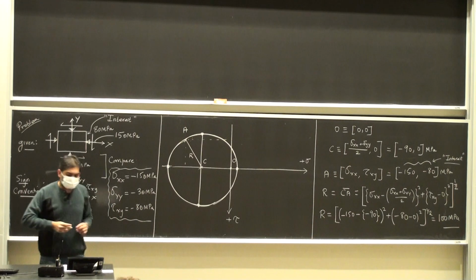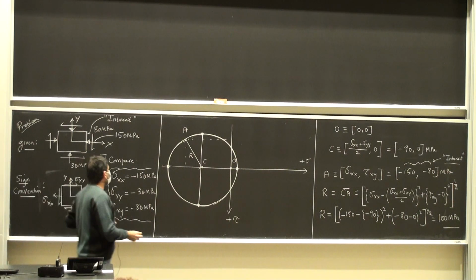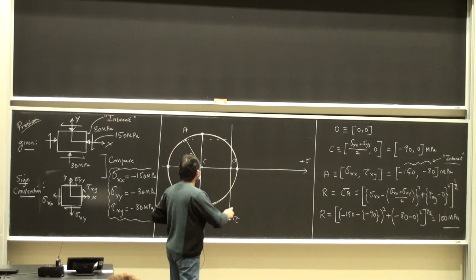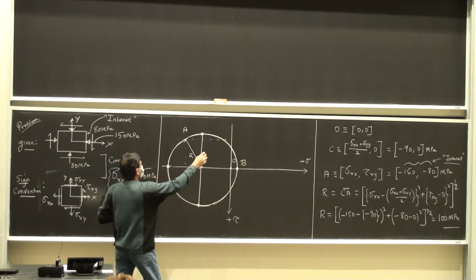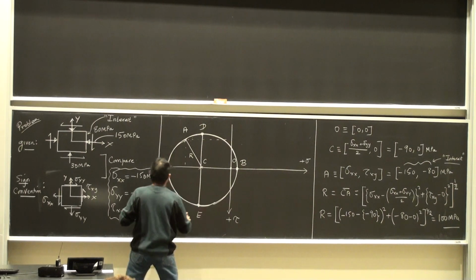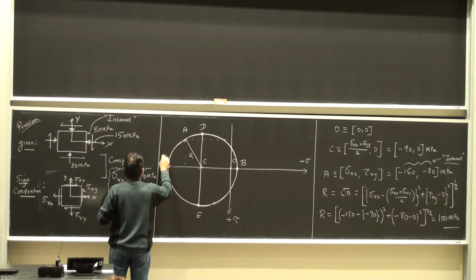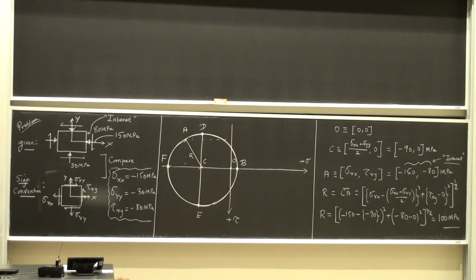Let me call them by some Latin letters. So I have A, C, let's say B. I haven't used B anywhere, so B. Then let's call this D. Let's call this E. And F. Okay, so these are my points of interest.